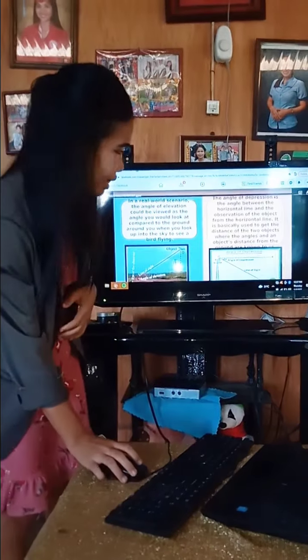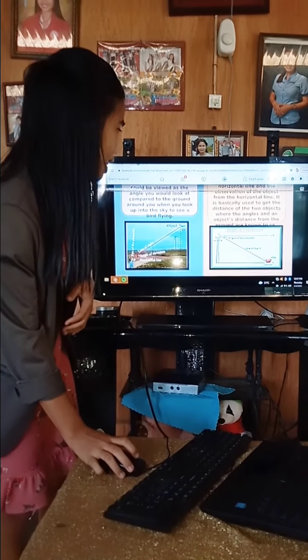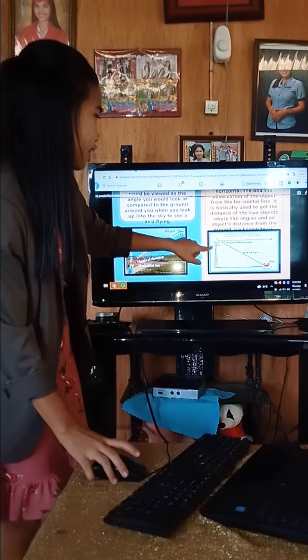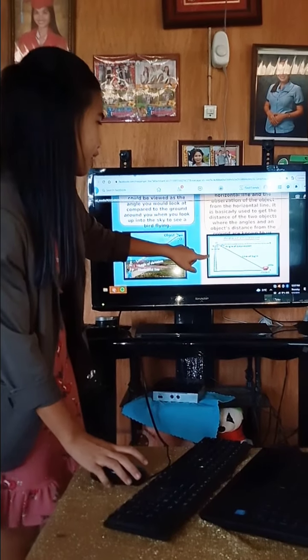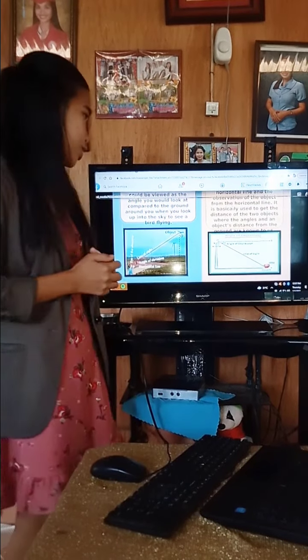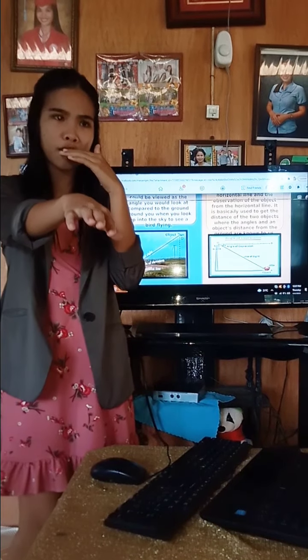As you can see here in the figure, in the picture, we can see a person standing in the pole. Tumayo siya sa poste. So, pag tumingin siya sa baba, there is an angle of depression.